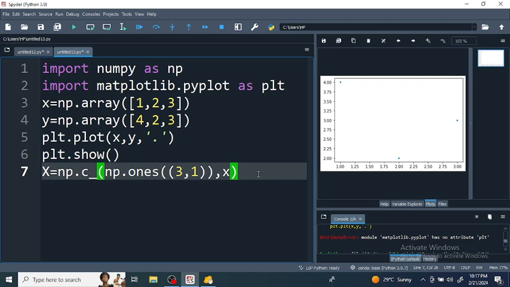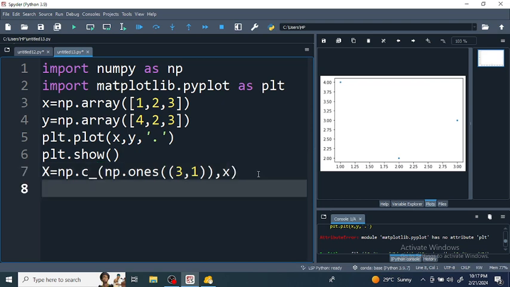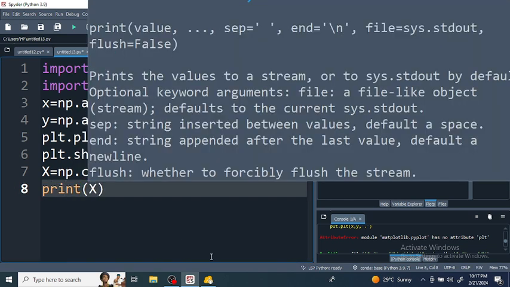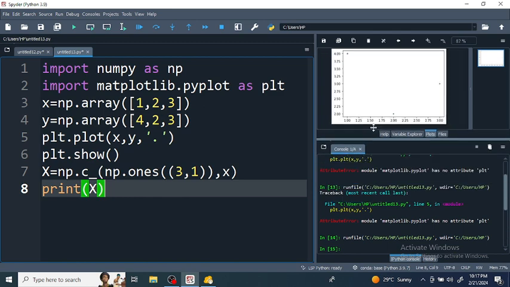Next we want to compute b; first we want to multiply this. If you print capital X here, you can see it.